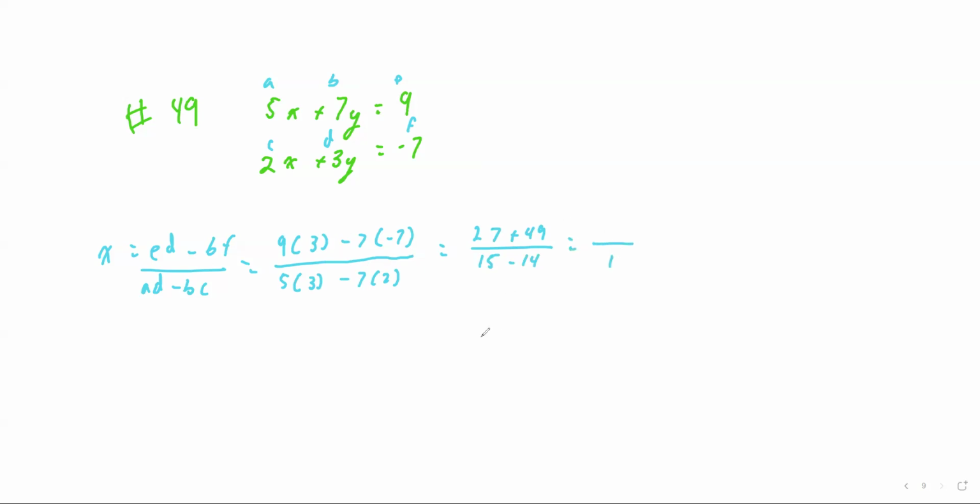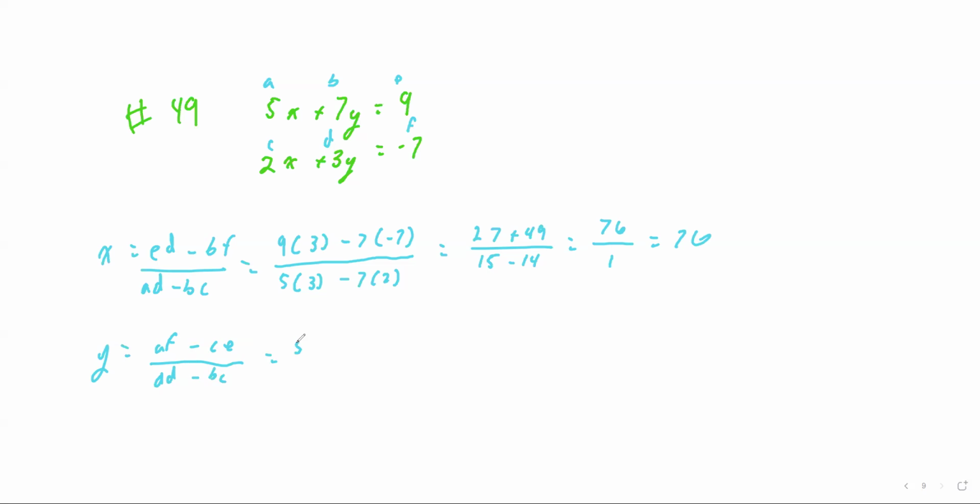Real quick, calculator. 27 plus 49 gives us 76. So for my x, the answer would be 76. All right, and then we'll do y. And again, that was AF minus CE over AD minus BC.